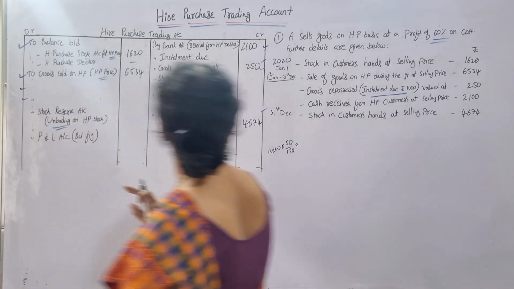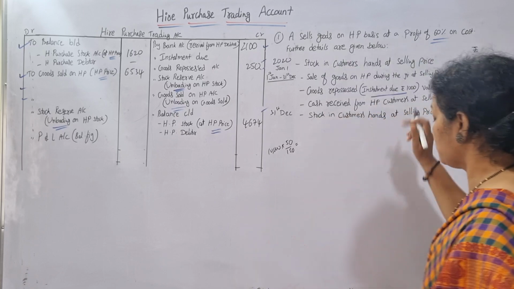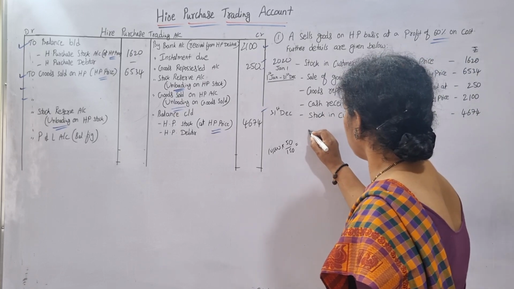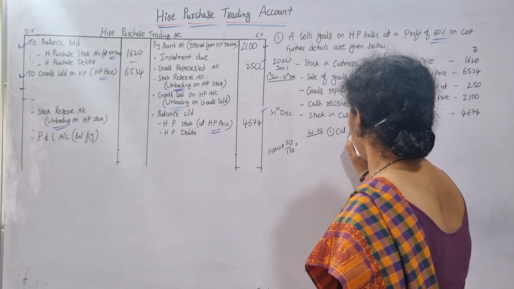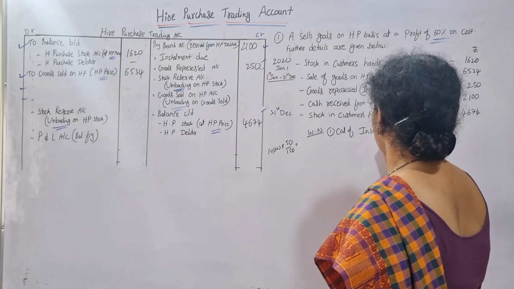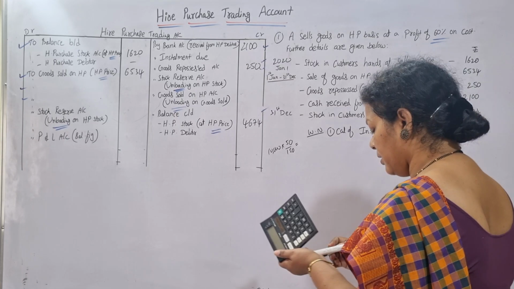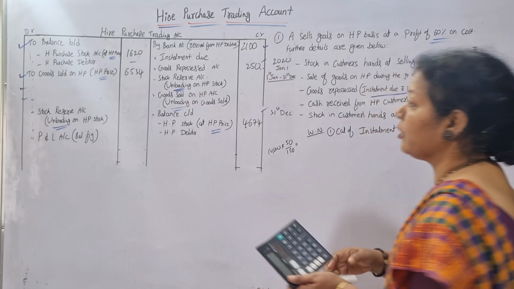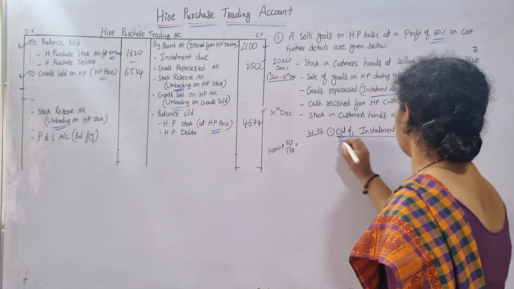Now what we need to do, one important calculation, that is installment due, we have to calculate. Working notes. Calculation of installment due. For this, what we are going to do is, we'll take the opening stock plus goods sold on hire purchase price.